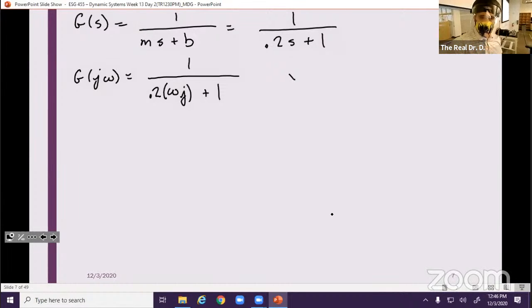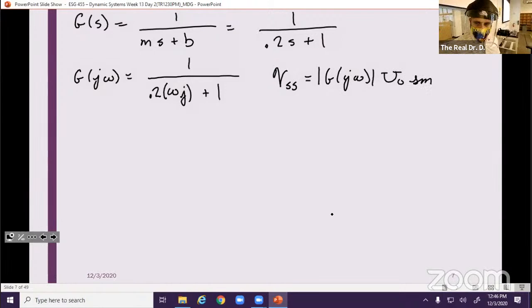Remember, for our particular equation, we've got VSS, steady state velocity, has to be equal to G of j omega times the initial amplitude times the sine of omega t plus phi.